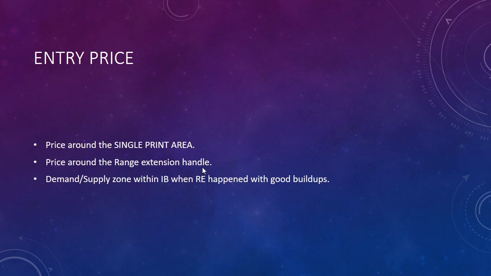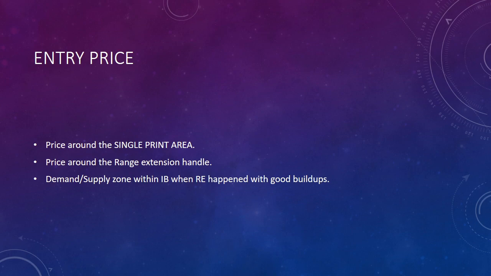So if there is 100,000 quantity in Nifty which has been sold and which has caused this range extension, you would be looking to enter at the average entry price of that 100k quantity. That is what you do on a range extension.